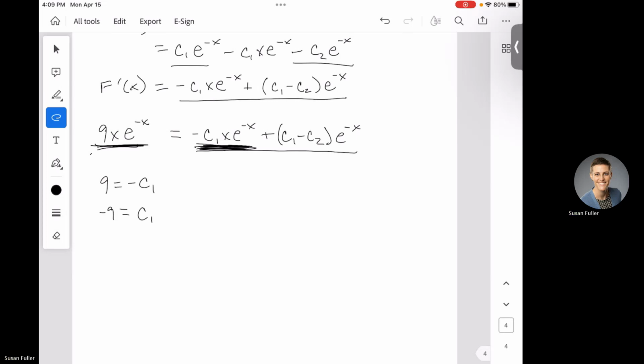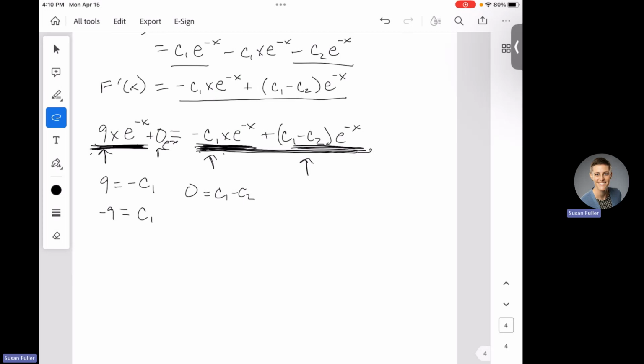But then how do I get to C2? Well, in order for this to be the entire derivative and be equal to this, not only do I need C1 to give me a 9x e to the negative x, but notice I also don't have any e to the negative x's here. So I can think about having 0 e to the negative x's over here, which means in order for these two to be the same, I also need C1 minus C2 to be equal to 0.